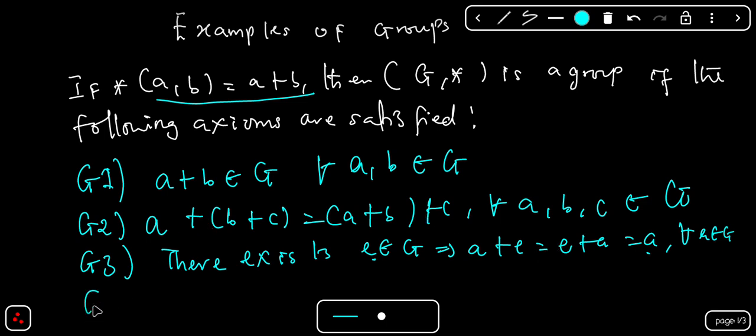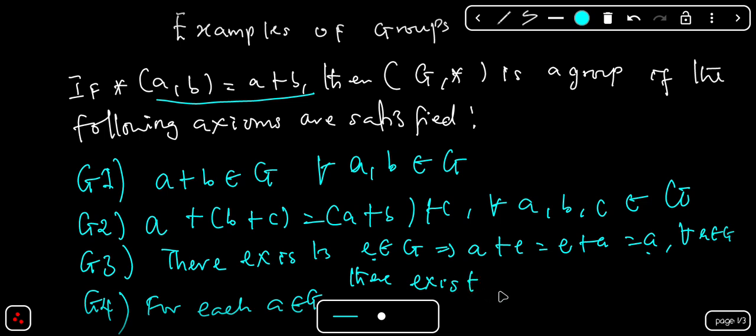And the last one, for it to be a group: for each a in G, there exists b in G such that a plus b equals b plus a equals e.